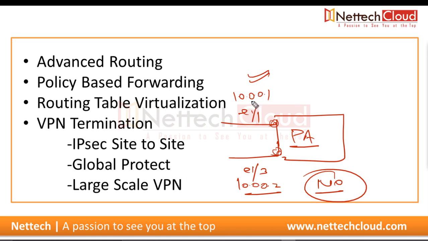Never possible, right? The only workaround is routing table virtualization: put one interface in one routing table and the other interface in another routing table. In this way, yes, you can use overlapping addresses.